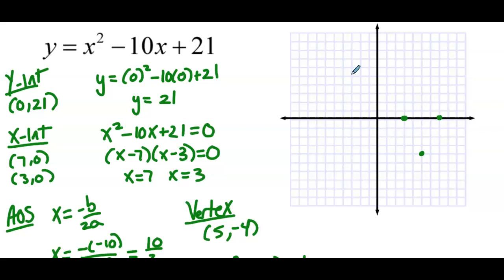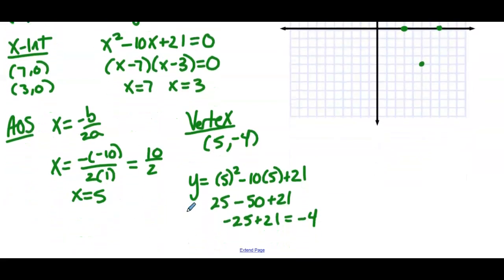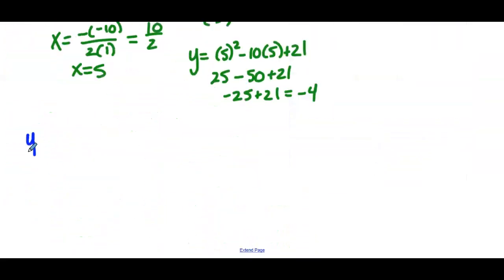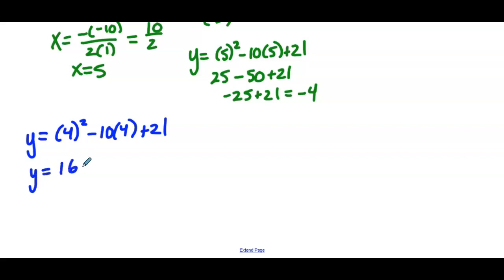So if we plugged in positive 4, we have y equals 4 squared minus 10 times 4 plus 21. So y equals 16 minus 40 plus 21, which is negative 24 plus 21, which is negative 3.